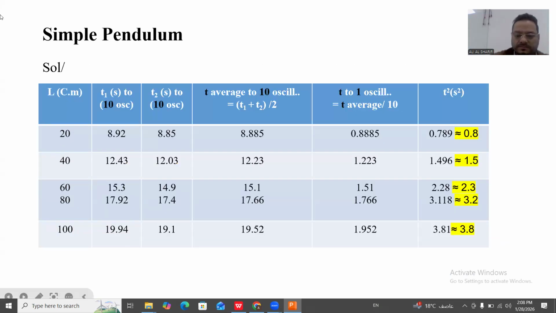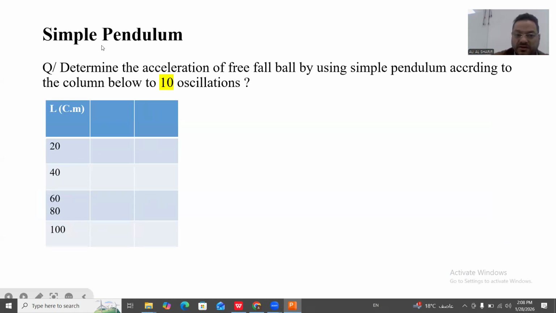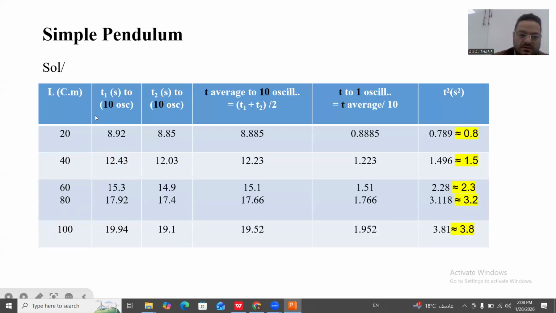Here, determine the acceleration of free fall by using a simple pendulum according to the column below for 10 oscillations. The number of oscillations is 10. Here, number 1, 20. I calculated the time. I did that again. Average. Here it was the average for 10 oscillations. Here divided by 10.